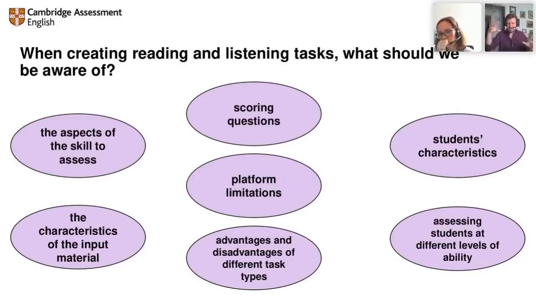So all of our tasks, the majority, let's say 80%, are pitched at B1, but we know that there's a variety within B1. And then some will go up into the lower half of B2 and likewise into the top end of A2. So if students don't quite get the B1, they still get a certificate saying A2. So trying to bear that in mind as well can be difficult.